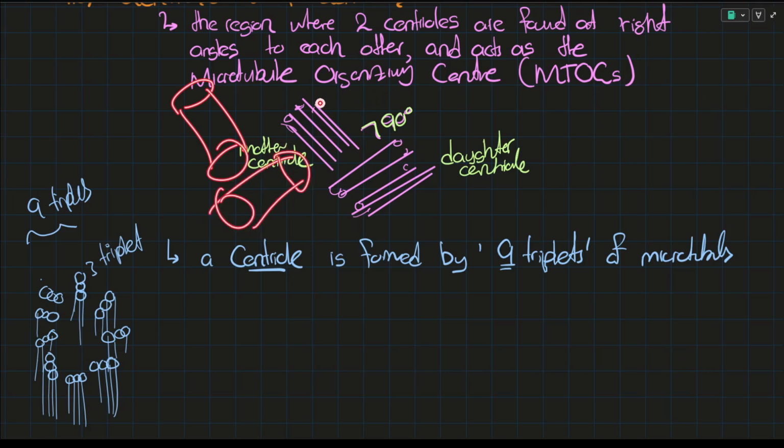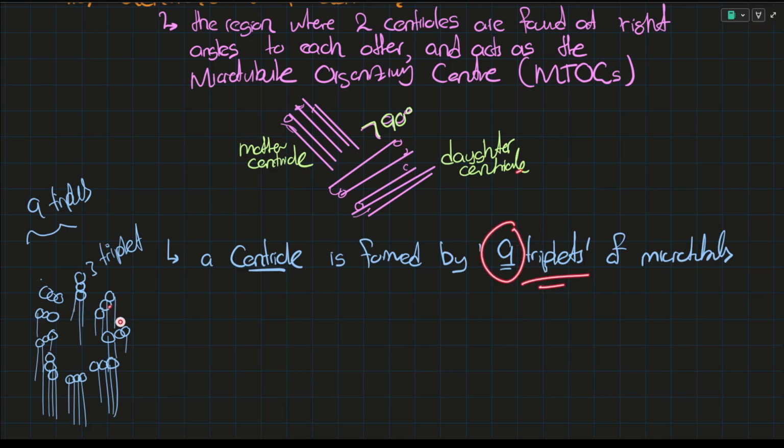They're complex structures formed from 9 triplets of microtubules. There's nothing hard here. Understand what it's saying. We have 9 triplets, 1, 2, 3, 4, 5, 6, 7, 8, 9, and therefore that is what we call a centriole.